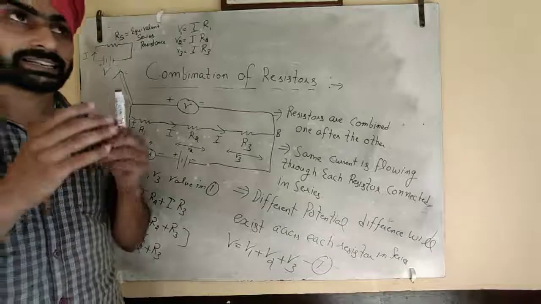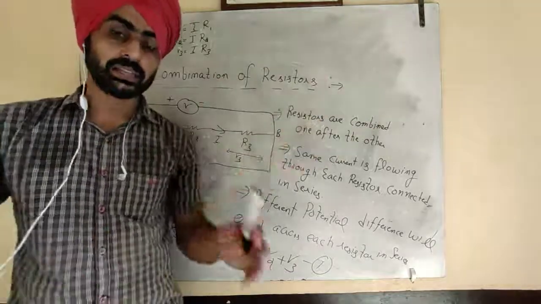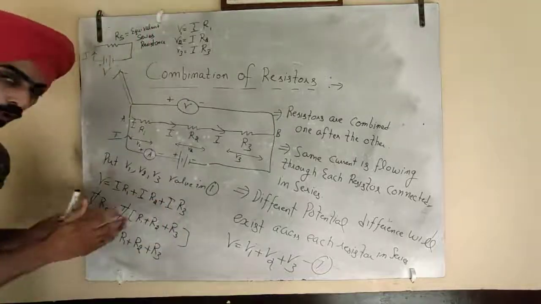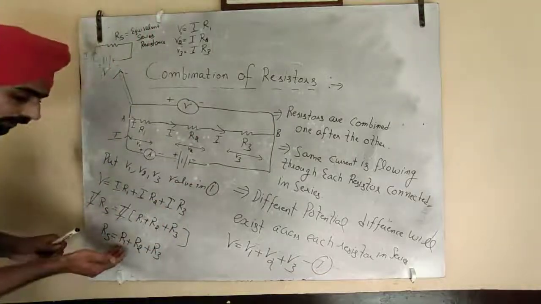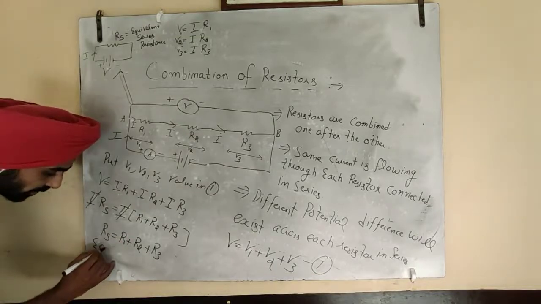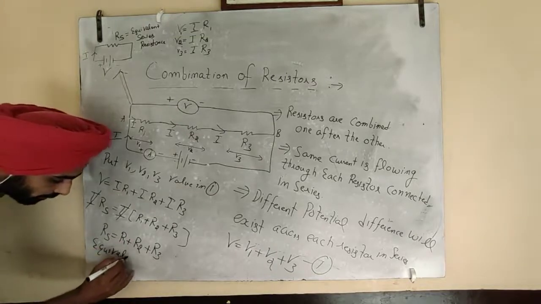So overall resistance is going to increase because they all get added up. Equivalent resistance in series increases.